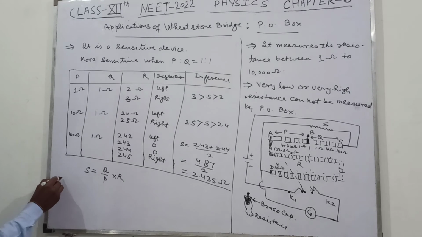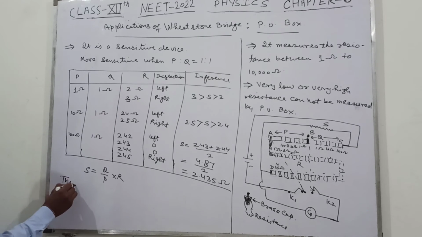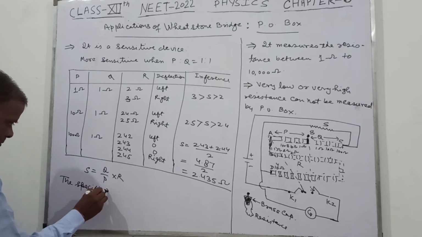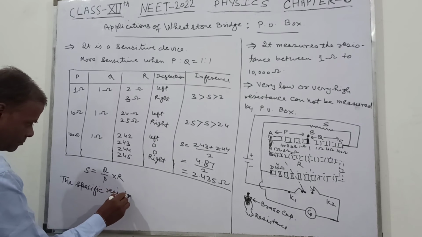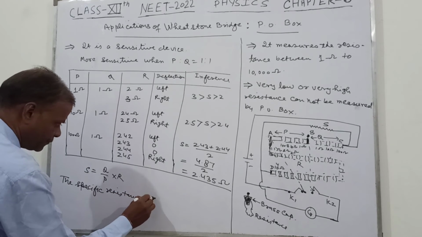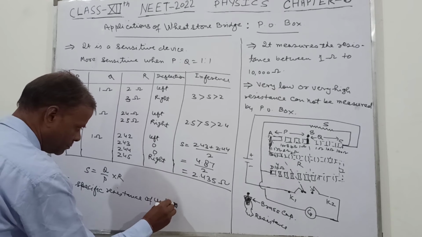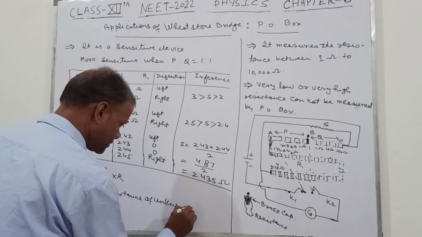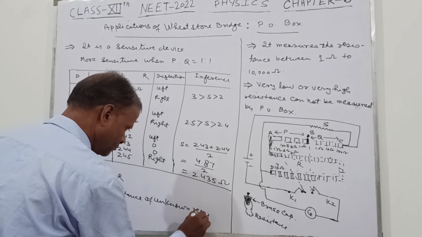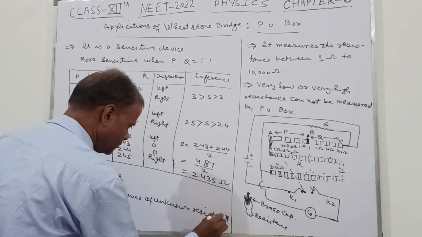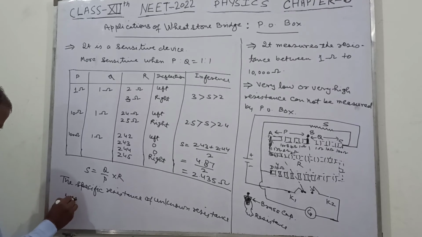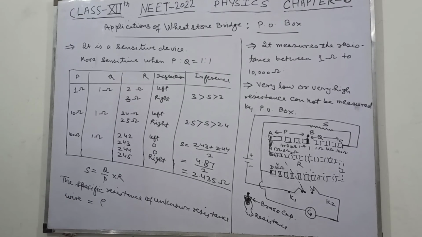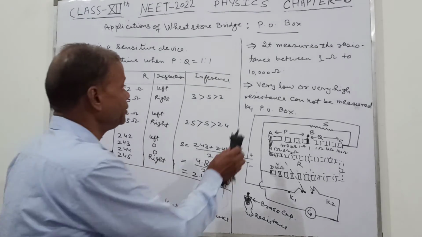The specific resistance, the resistance of the unknown resistance. Let this be equal to now rho.